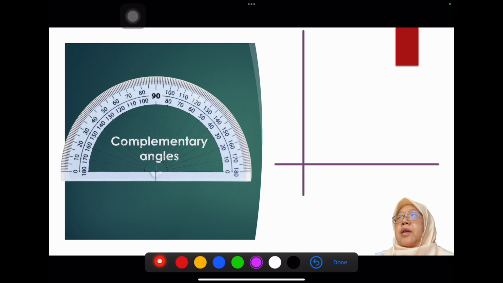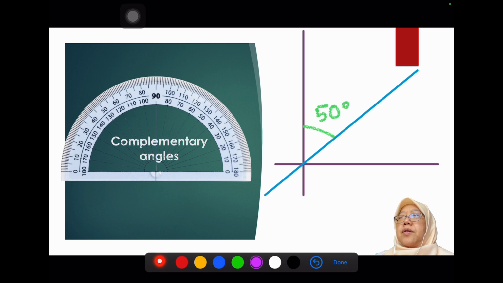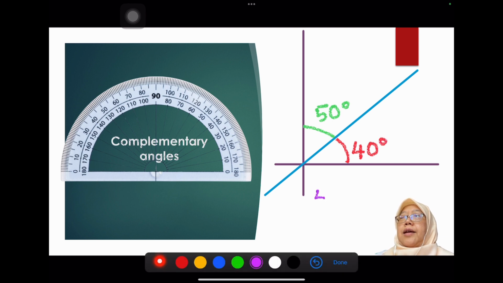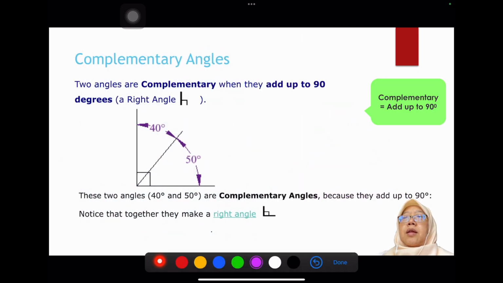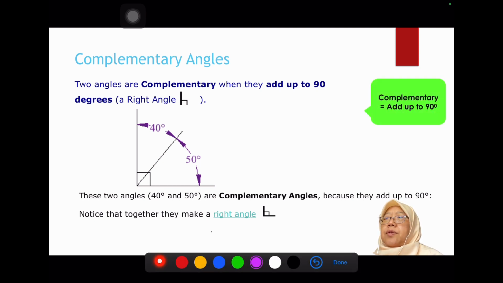We have one angle over here which is 50 degrees, and another angle over here which is 40 degrees, and so 40 plus 50 degrees equals 90 degrees. So complementary angles for exterior angles will add up to 90 degrees.